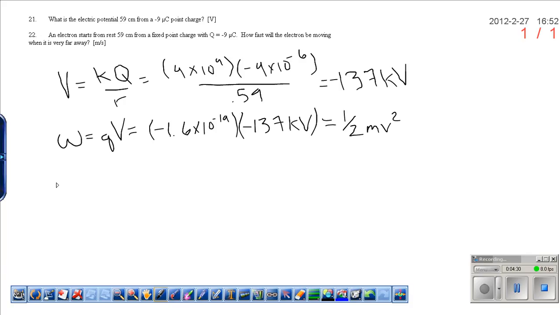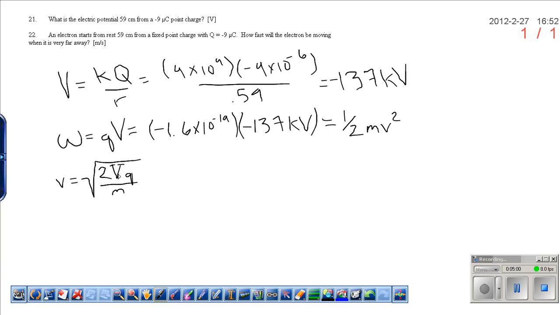If you do all those steps, you should arrive at velocity, try to make that a small v, equals the square root of 2 times the voltage, capital V, times the small charge, q, divided by m.